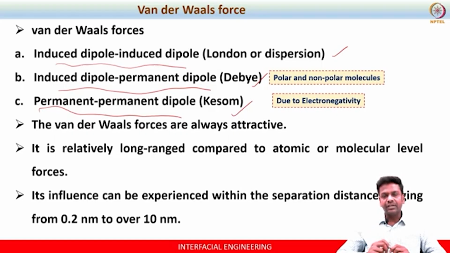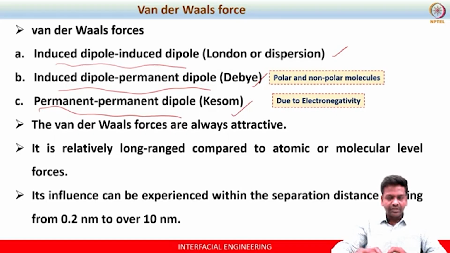So the beta is the combination of all the constant values coming from the London, Debye and Keesom forces, right? That we have described in the previous lecture itself. So that is very important to note.